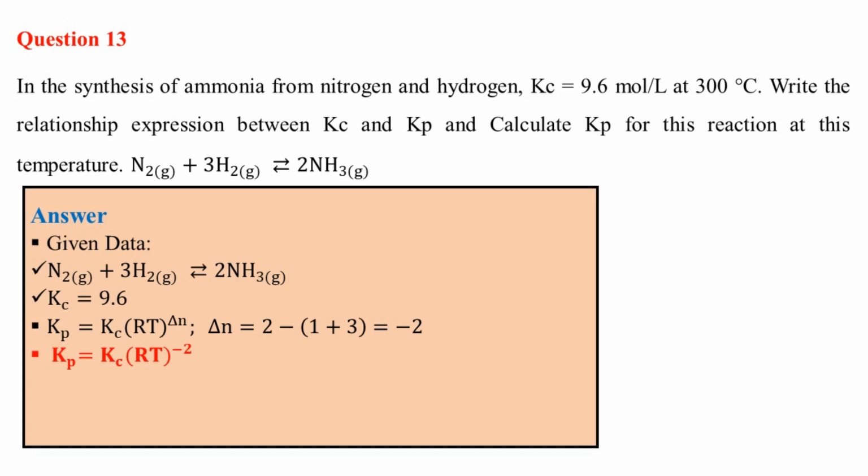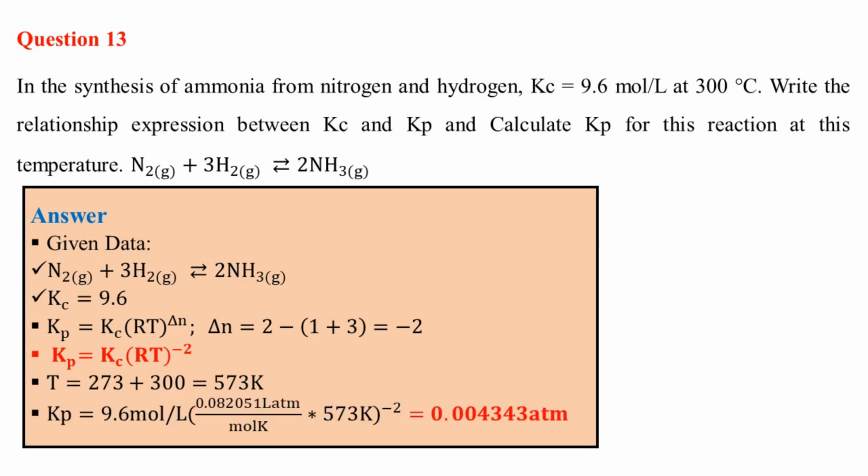So we can then write the relationship between the Kc and Kp. In this case, we will be having the Kp, which is equal to Kc times gas constant times temperature to the power -2 as the change in number of mole. We have also the other values, you can replace them. The temperature should be in Kelvin, so we take 273 plus 300 degrees Celsius, which gives 573 Kelvin.